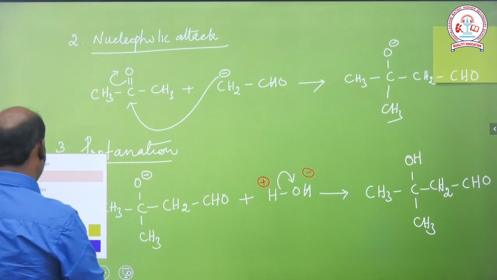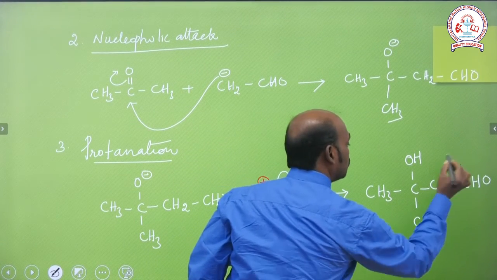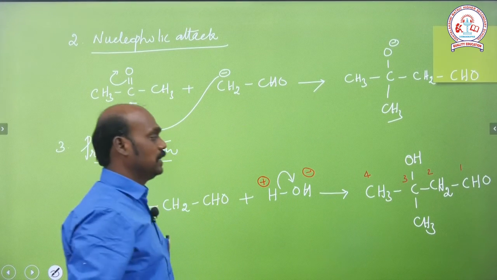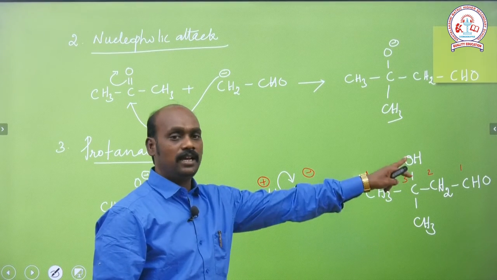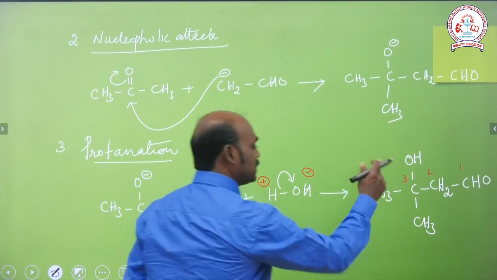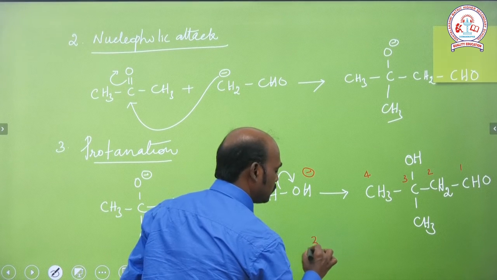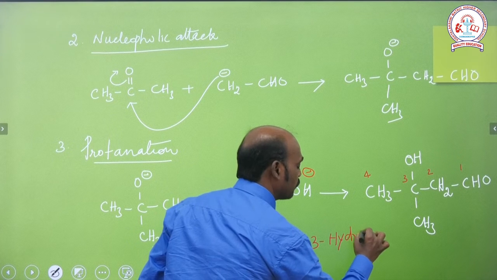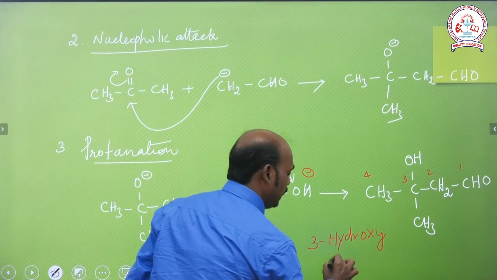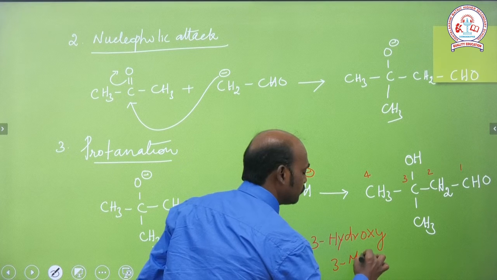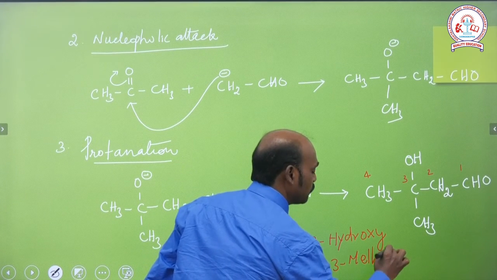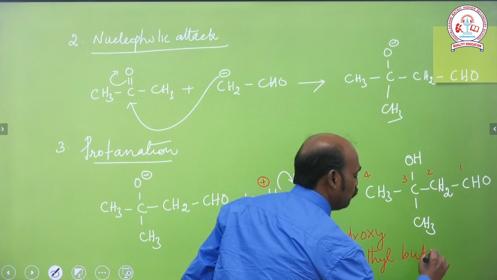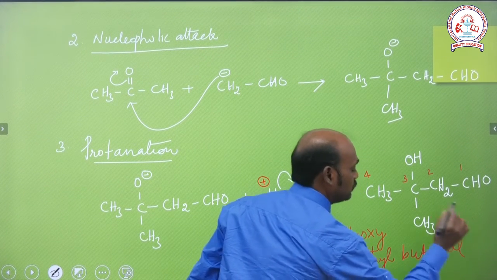Let us take this as the first carbon, second carbon, third carbon and fourth carbon. In the third carbon, methyl and hydroxyl groups are present. So it is called 3-hydroxy-3-methyl butanal. This is the IUPAC name of the aldol.